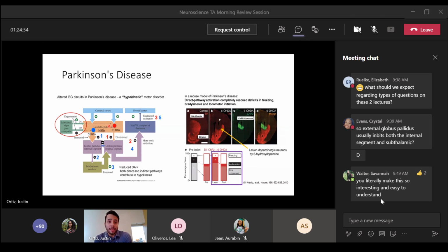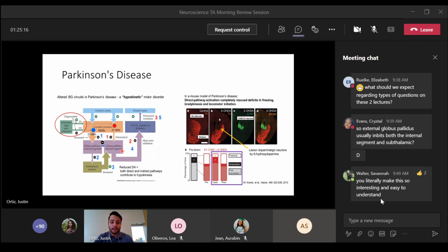Which neurons are going to be activated? D2 MSNs, right? Because the striatum is still perfectly normal. The striatum is fine. The entire pathway is fine. What's wrong in Parkinson's disease is that the dopaminergic neurons in the substantia nigra are dying. So we have continuous low levels of dopamine going to the striatum, and thus we are led down the indirect pathway.